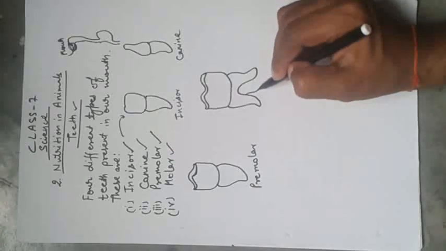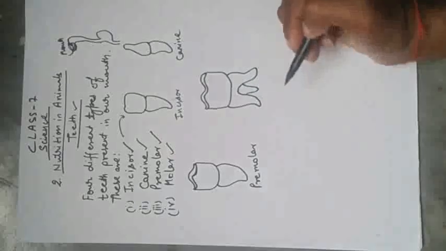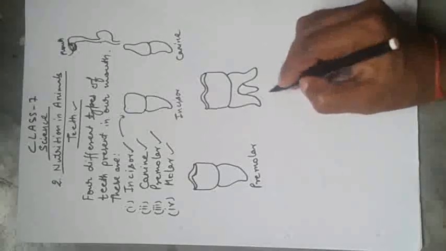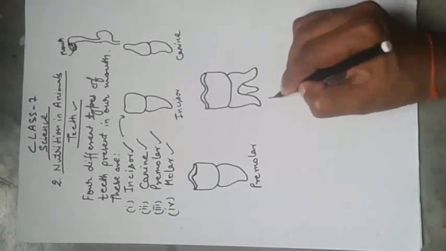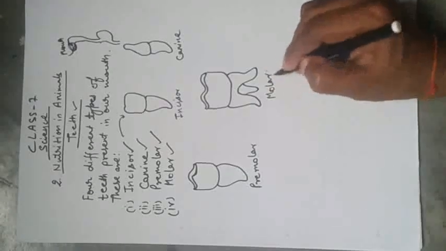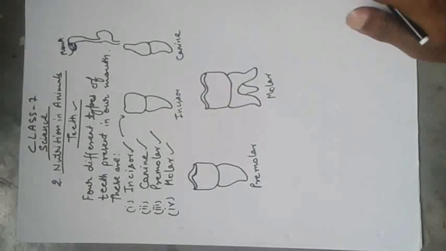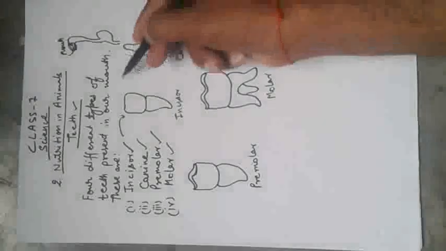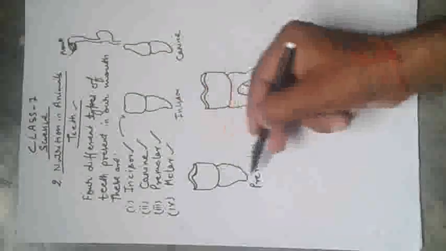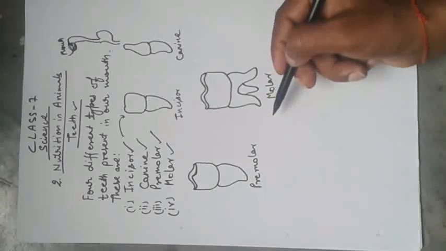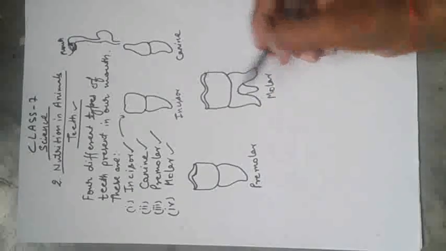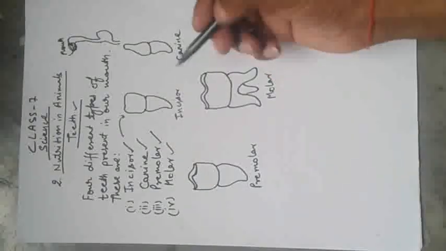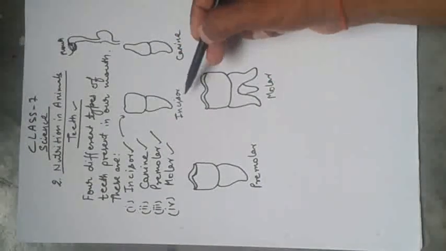You can also draw this figure freehand. This type of teeth is called molar. So we can say that there are four different types of teeth present in our mouth, and their shapes are drawn here.